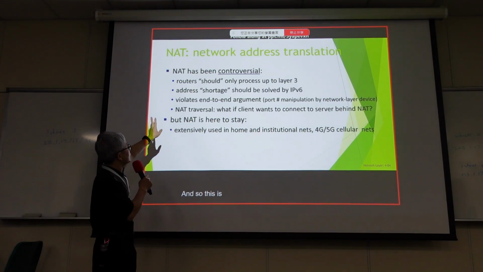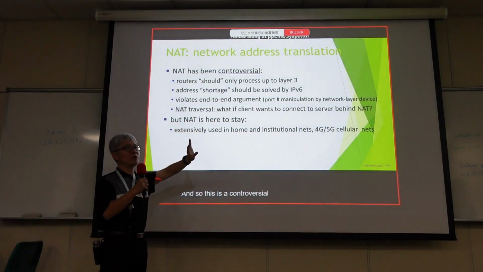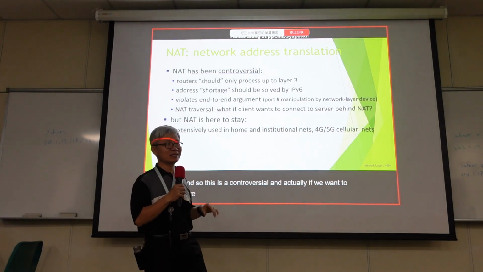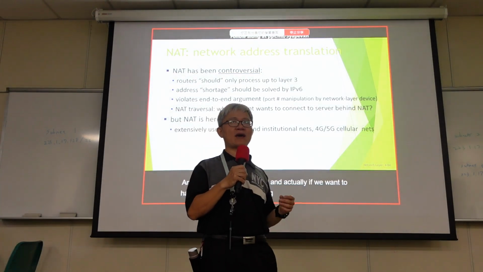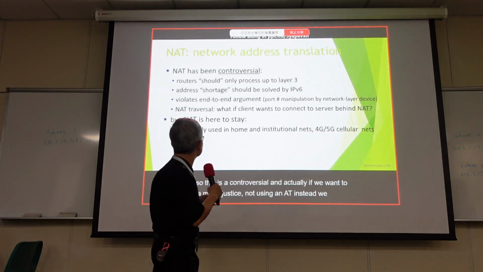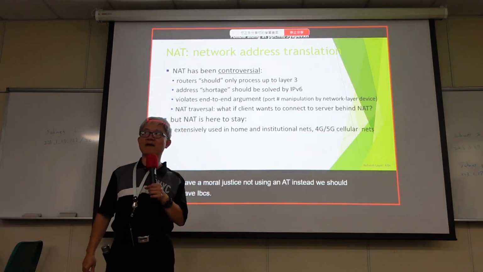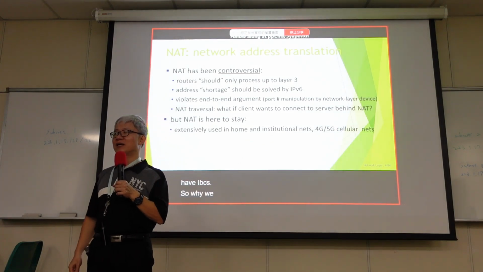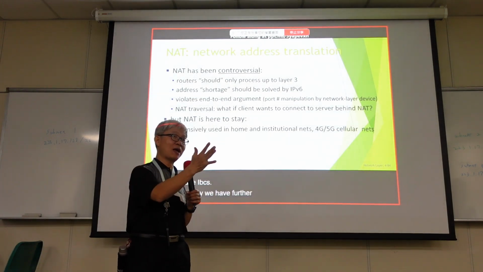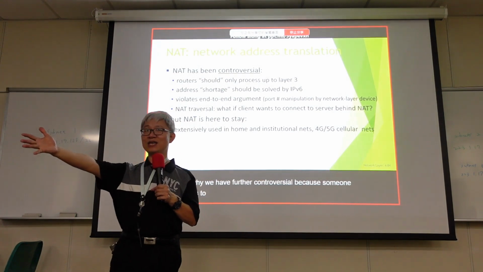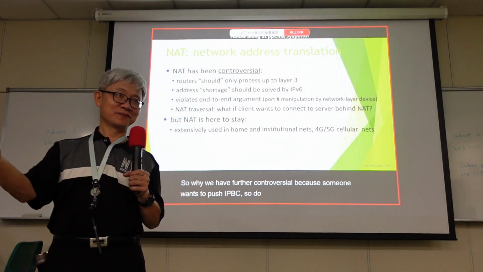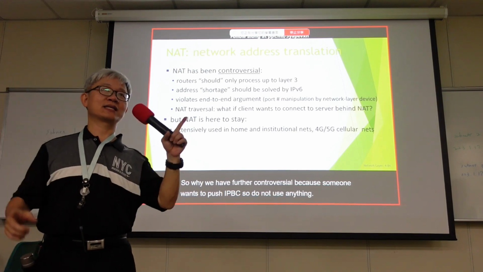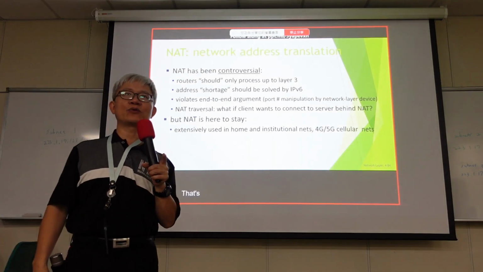And actually, if we want more addresses, instead of using NAT we should have IPv6. So why is there controversy? Because someone wants to push IPv6, so do not use NAT. That's why it's controversial. It doesn't mean it's a real problem.